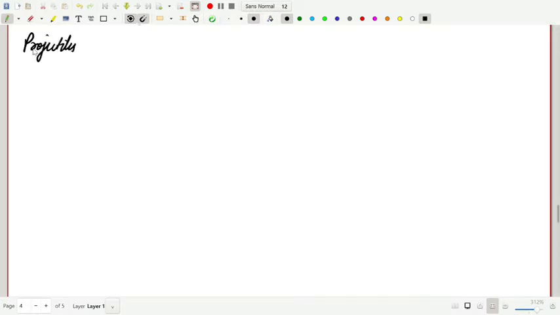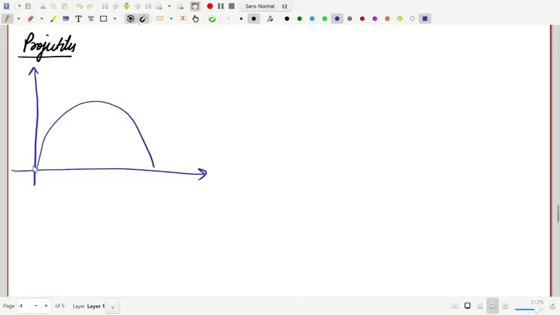Now, let's talk about projectiles. Basically, like this. Moving with velocity u, this is its range r, keeping an angle alpha.